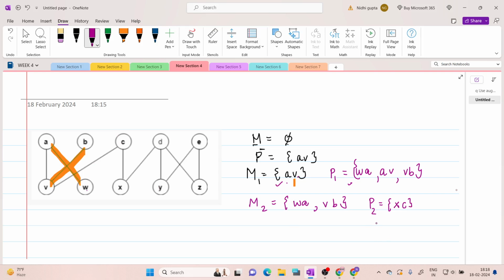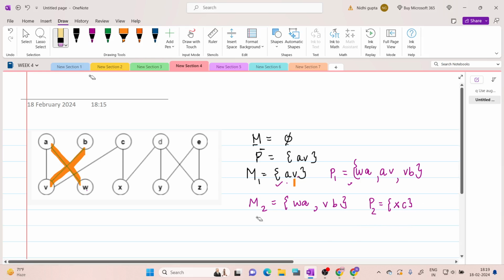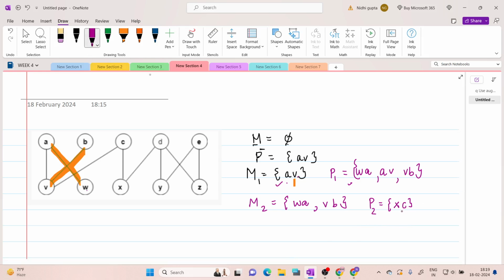There can be other paths, like CV and VB, but that is not correct. This one is also correct, so let's stick with it for now. So what is our new matching? We have to take the symmetric difference of M2 and P2. So it will be WA, VB and XC. So now this is my matching M3.